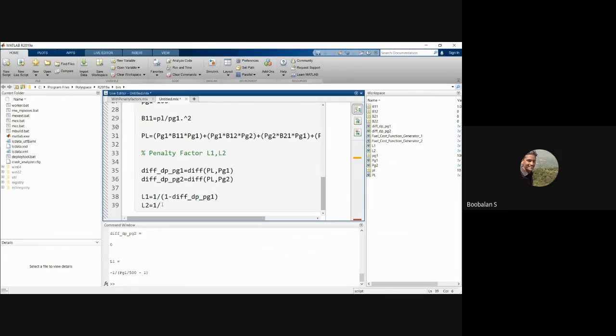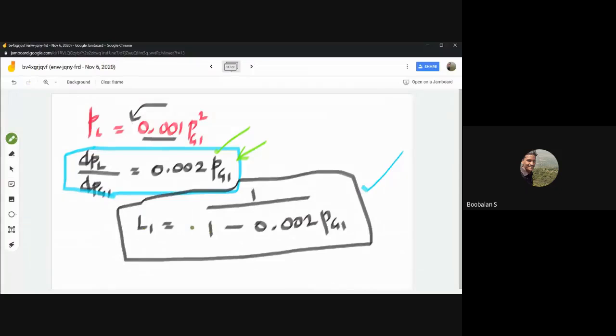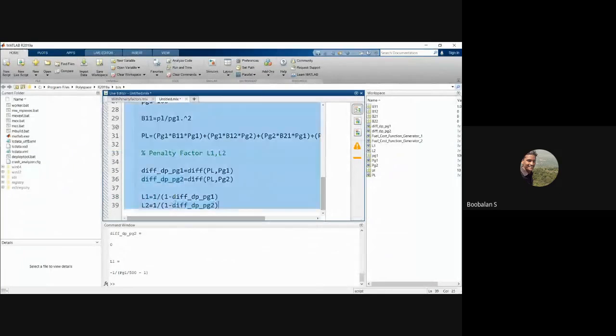So 1 divided by, yeah, 1, right? So 1 minus this one, the PG2 value. Anyway, it is 0, so Matlab itself calculates 1 minus 1 by 0 as nothing but 1, right? So we'll check L1 and L2. Yeah, L1 is now minus 1 by Pg1 by 100 minus 1. L2 is now 1. Okay.